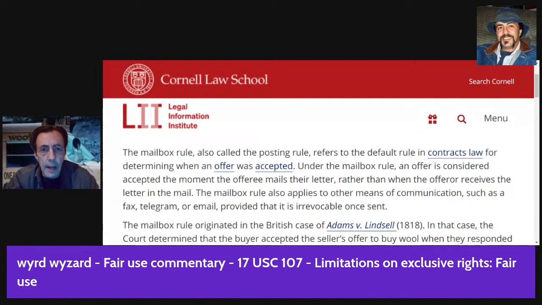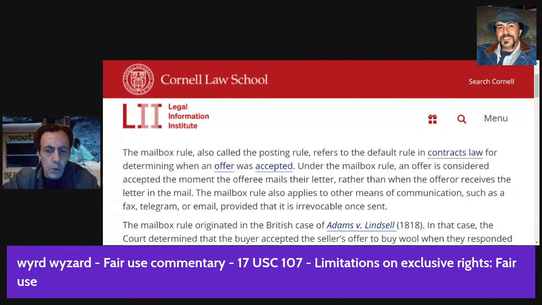See, I don't know that any offer was made for you to post a bond, or how all that works. But I do know that the mailbox rule, also called the posting rule, refers to the default rule in contract law for determining when an offer was accepted.